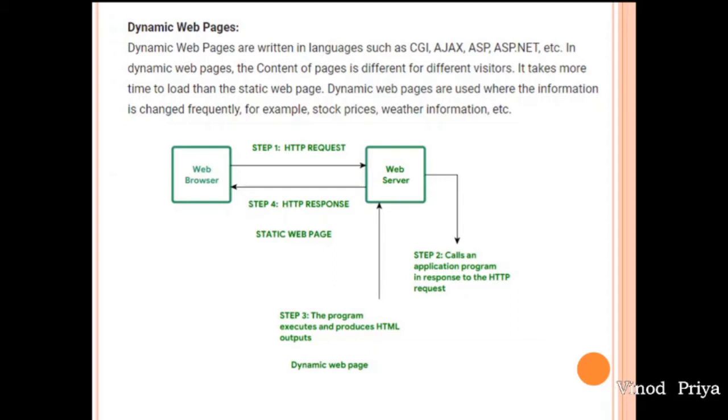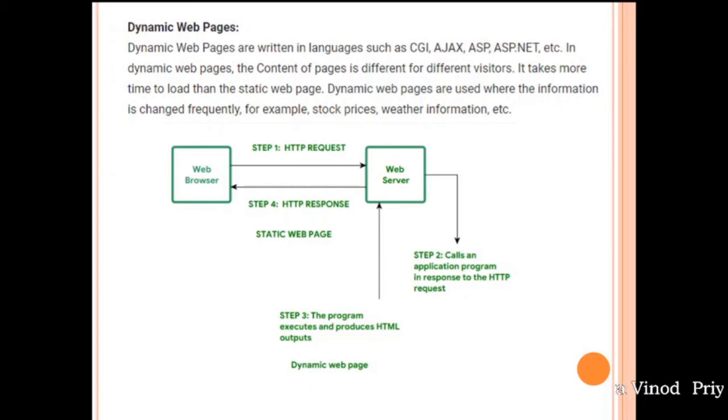For example, if you are sitting at home, your home might be any place in the world, and the weather there is not the same as the weather at some other place. So it's basically dynamic information. It's something that frequently changes, and even temperature frequently changes, so the page also needs to change. So that is a dynamic web page.